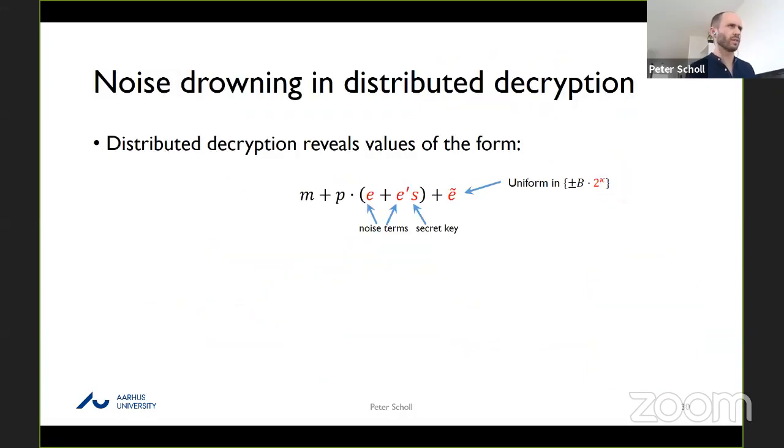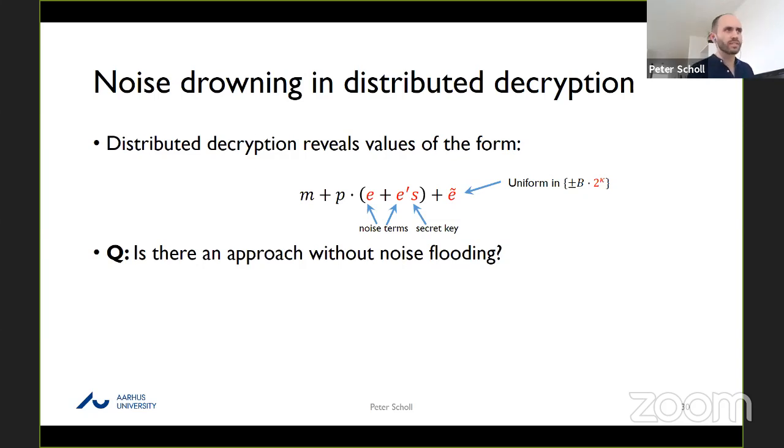Okay, so the last thing I want to talk about related to speeds is the distributed decryption, which goes back to the question earlier about the noise drowning, or the question was about the zero knowledge proofs, but here I want to look at it in the distributed decryption lens, where we're doing this noise drowning to mask the noise in the ciphertext you open.